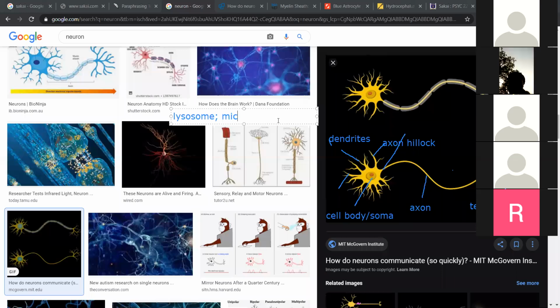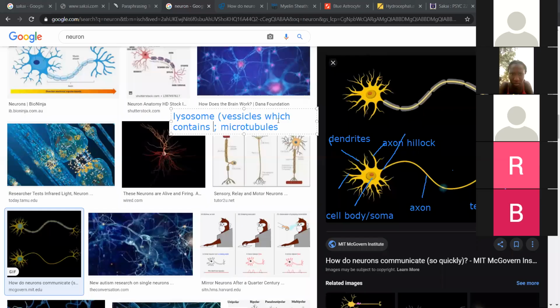So these are the two main things I would explain, then that's it. The lysosome normally produces something known as vesicles, which contain neurotransmitters. I'll talk about it later. One thing you should know is that the lysosome produces vesicles which contain neurotransmitters.